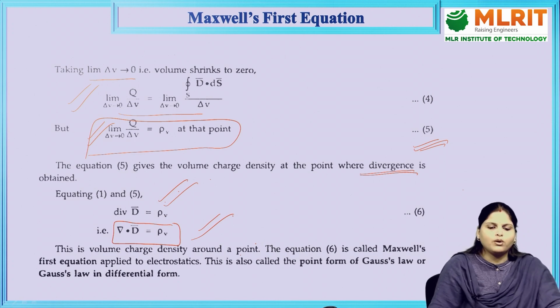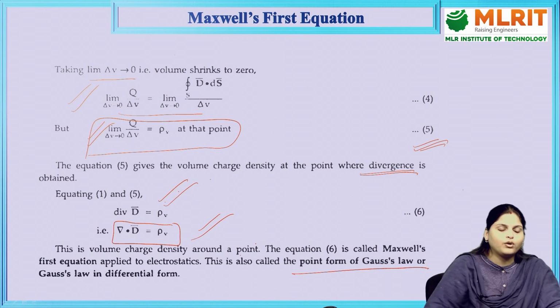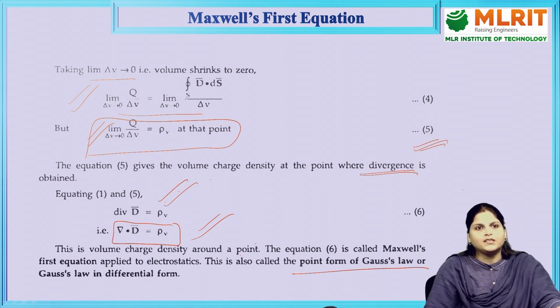This is also called the point form of Gauss law, or Gauss law in differential form. So, this was Maxwell's first equation. I hope it's clear.